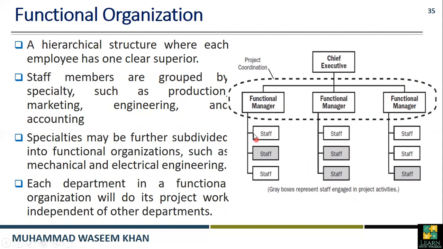You can see on this screen that we have the functional organization. Functional organization is one of the types of organizational structure. So what is a functional organization? It is a hierarchical structure where each employee has one clear superior.